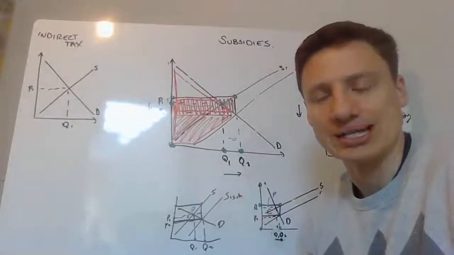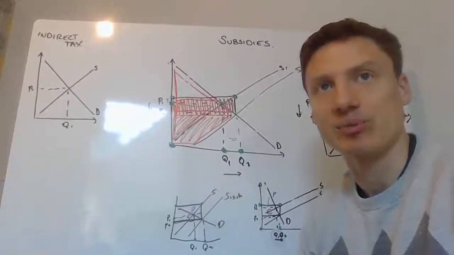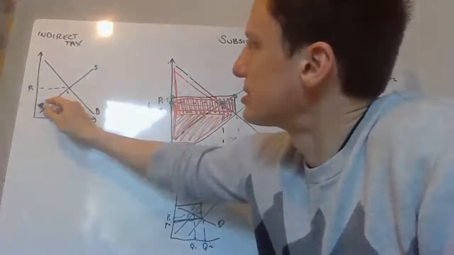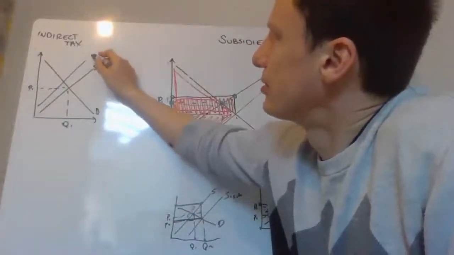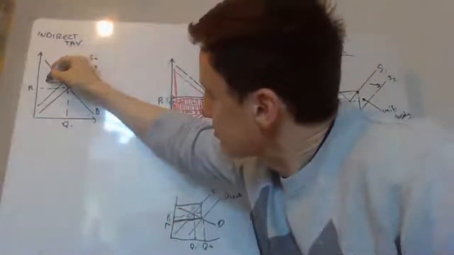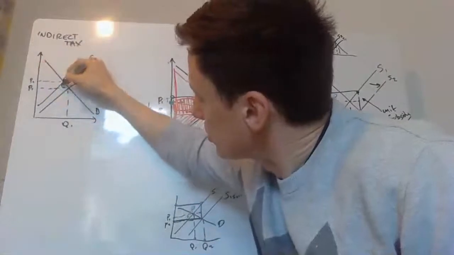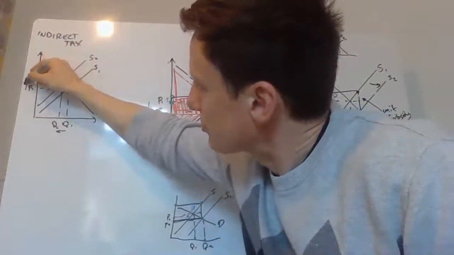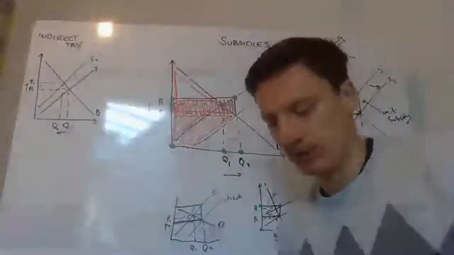I'm going to do a unit tax, so a specific tax, and one that doesn't change. Different to the subsidies, we move the supply curve to the left. Okay, that gives us P2 Q2. Price has gone up, sales have come down.